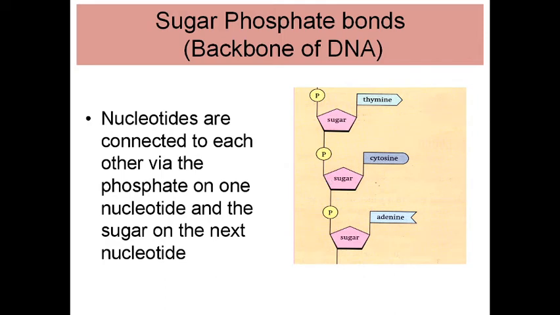These pentose sugars, ribose and deoxyribose, are the components of RNA and DNA. In both types of nucleotides, the carbon atom of the pentose sugar is linked with the phosphoric acid group.